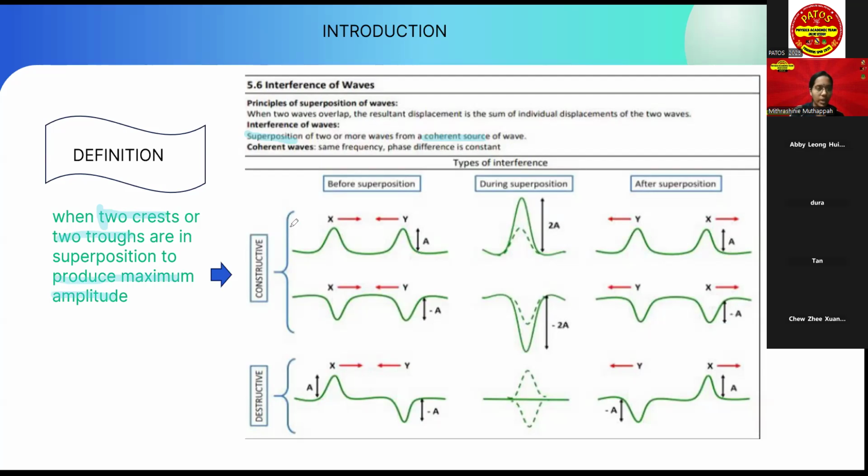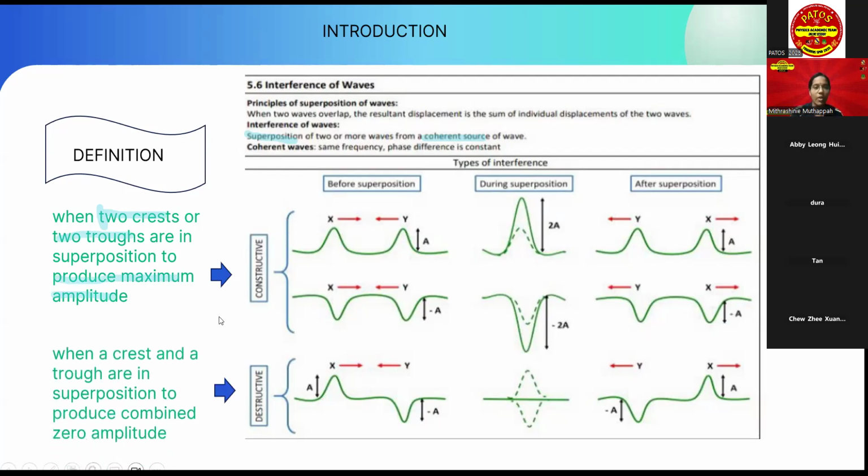And then the next one, we have destructive interference. What is destructive interference? Just by hearing the word destructive, we can know that it is destroying something. Two things combined together so that it gets destroyed or form a smaller value than the initial one.